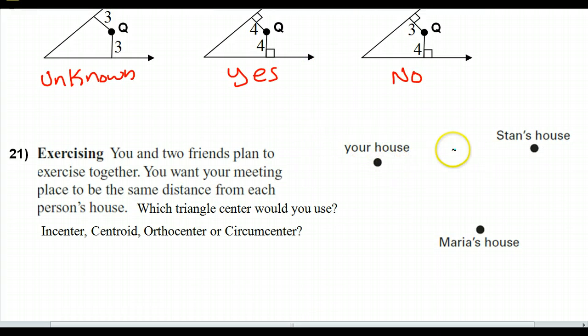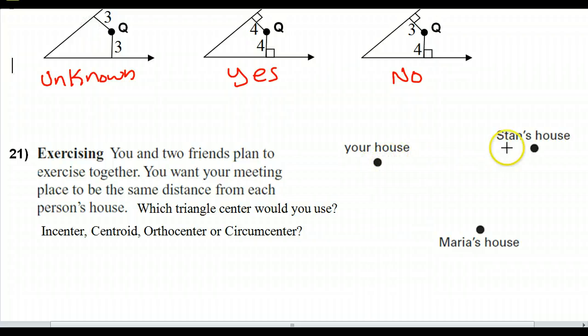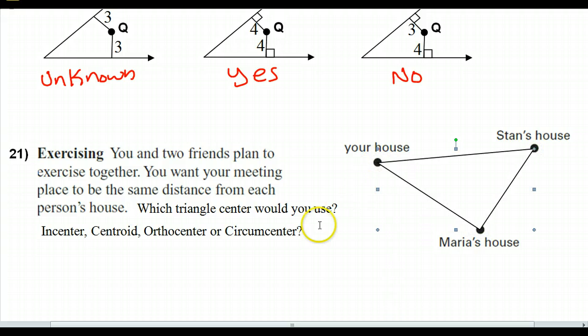Again, it all comes back to the vocabulary for this last problem. If you look at these houses, they form a triangle. Now, one of these points of concurrency, one of these triangle centers, has the special property that it is equidistant from the vertices.